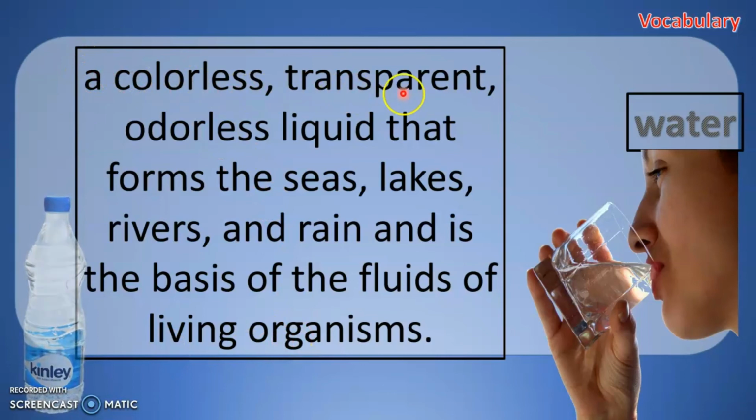Again, water is a colorless, transparent, odorless liquid that forms the seas, lakes, rivers, and rain, and it is the basis of the fluids of living organisms. All living things will drink or sip water, even the animals, even the trees, and the human being. All living things must drink water.